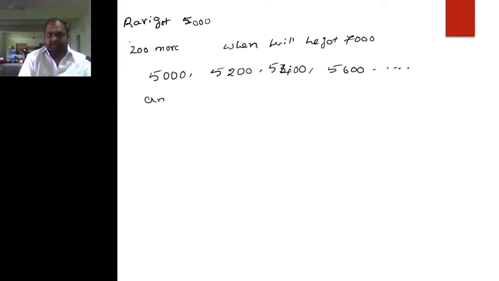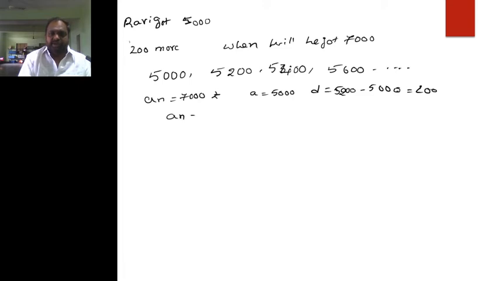Here AN is equal to 7,000 rupees and A is equal to 5,000. D is equal to 5,200 minus 5,000, that will be 200. So common difference is 200.